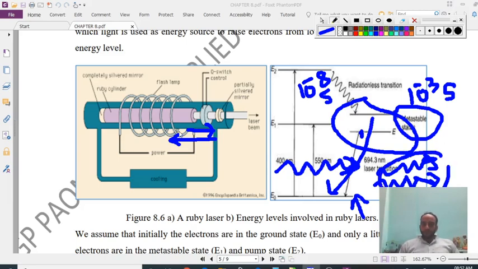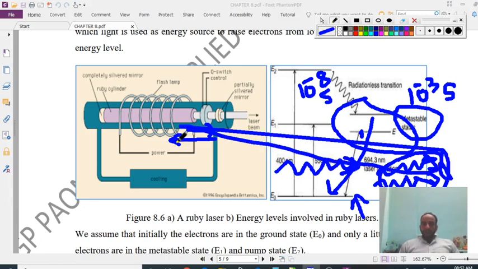These two photons again go to the partially silvered mirror and reflect back, and this process takes place continuously.